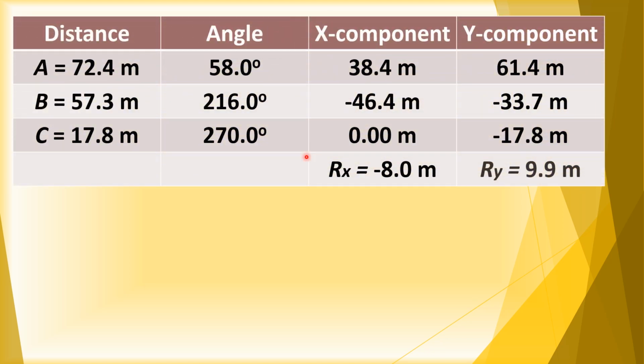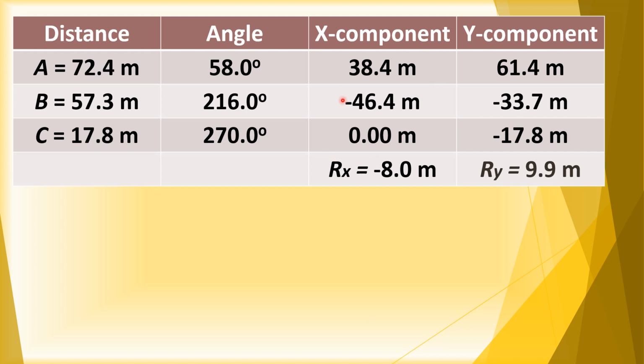We now have the summary. Alright, so the given distances for vectors A, B, C are all given here in the first column, while their corresponding angles are also specified, and the x components as well as the y components of each of these vectors have been listed in this table.